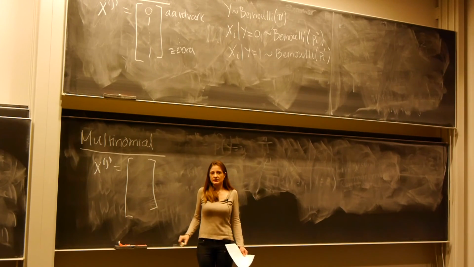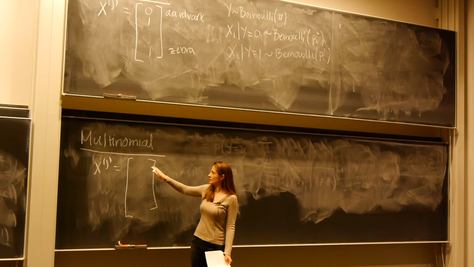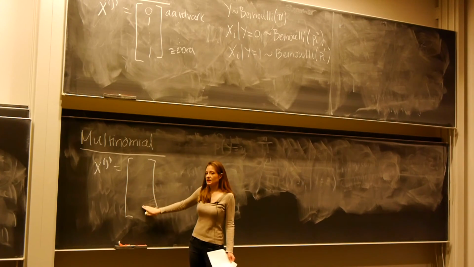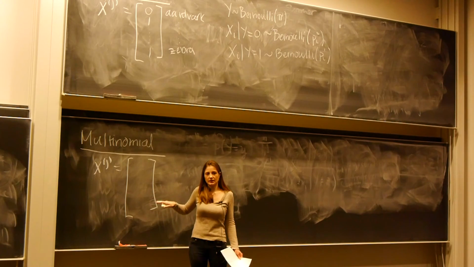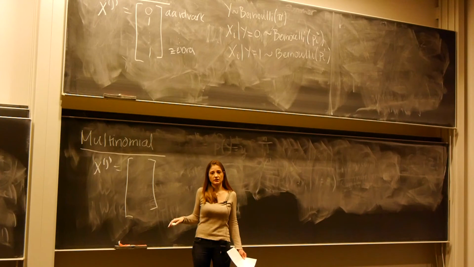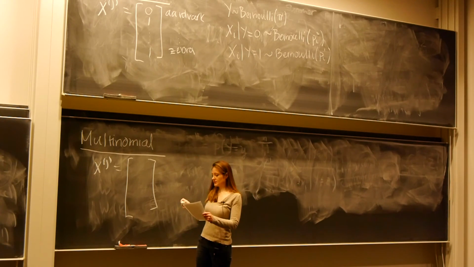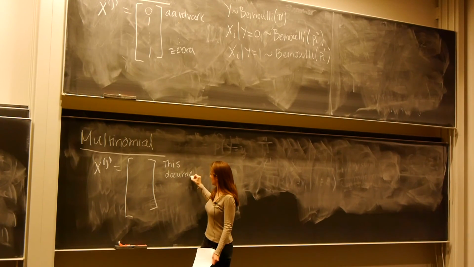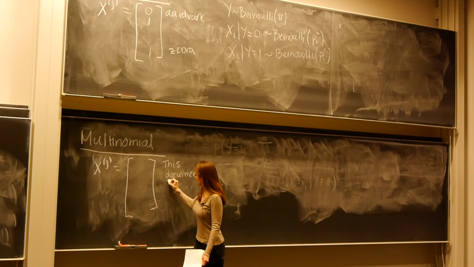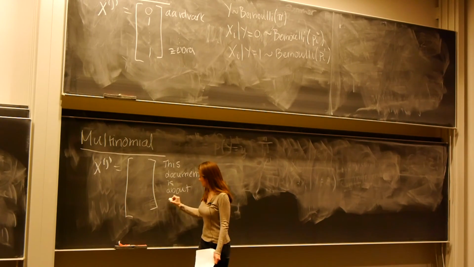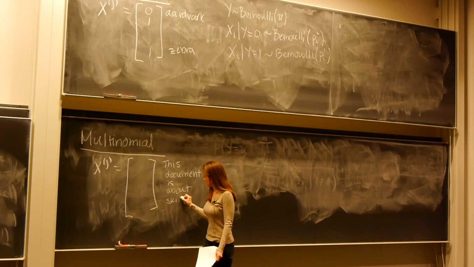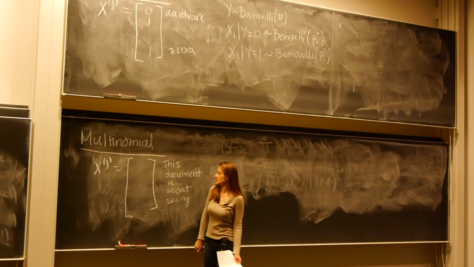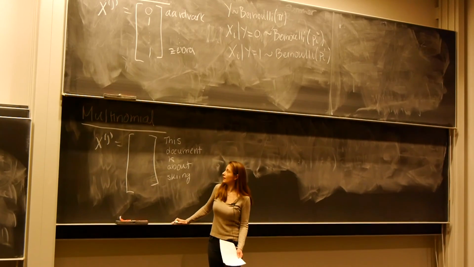But in this case, it's a vector where each element represents the word that appears in a particular position in the document. So let's say your document has these 5 words.